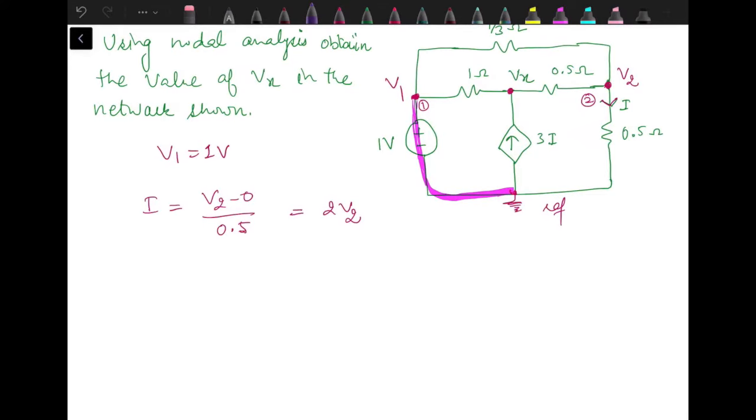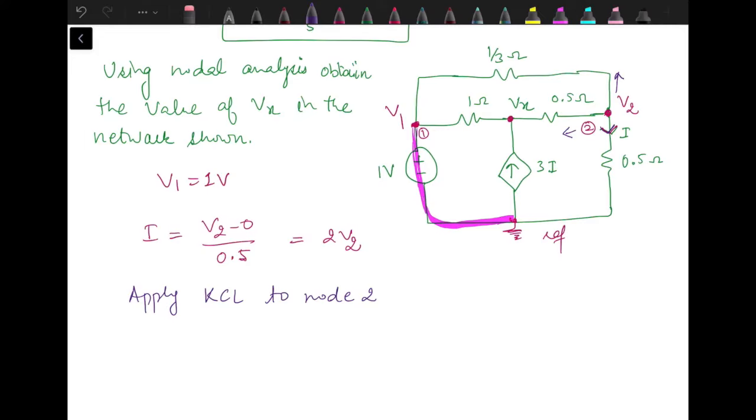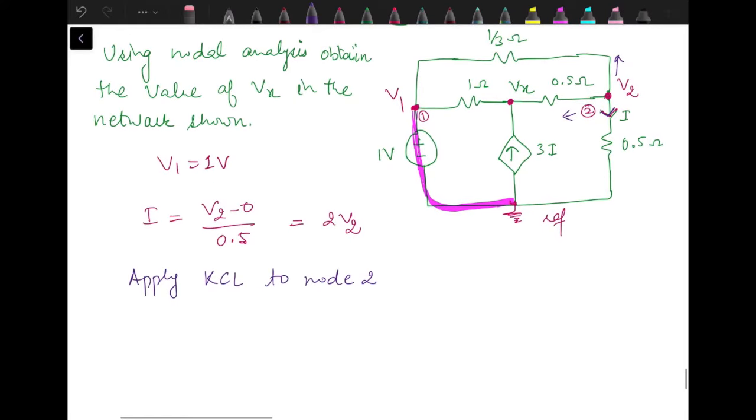Now apply KCL to node 2. On node 2, we only know the direction of current through this 0.5 ohm, that it's flowing away from node 2. We don't know the direction of current through this other 0.5 ohm. Let's mark it as outgoing, and same through this 1 by 3 ohm resistance. So current through this 0.5 ohm resistance is V2 minus Vx by 0.5.